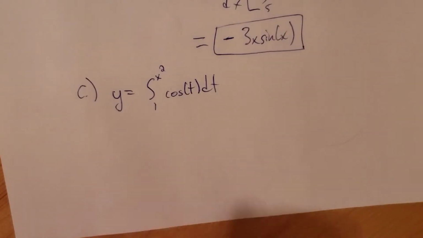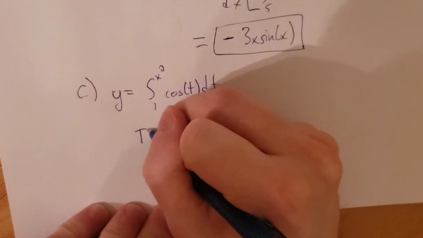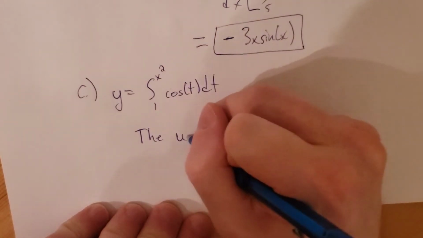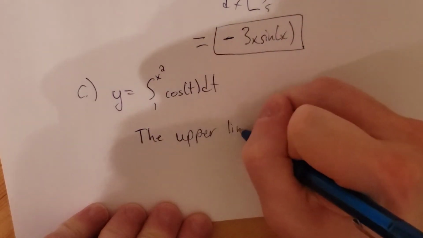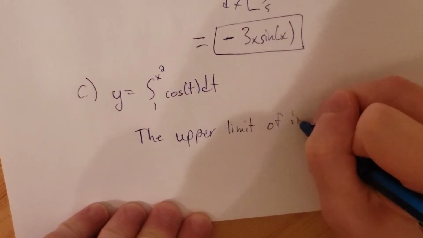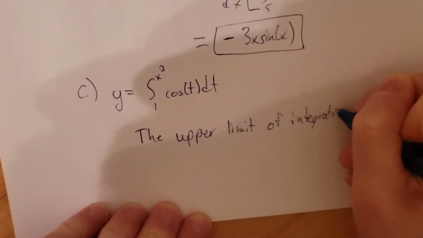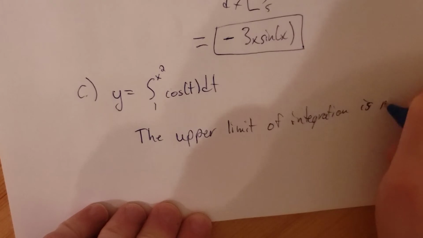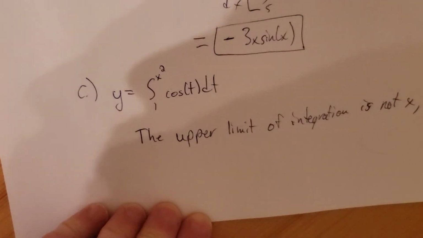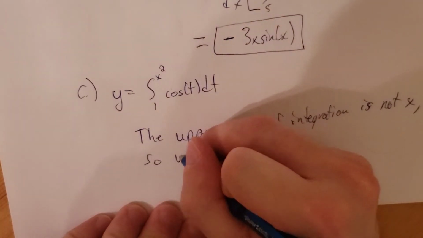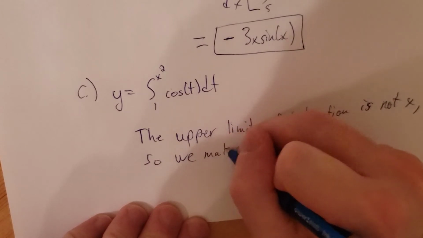We need that to just be a single x or a single variable. So the problem here is the upper limit of integration is not x. So we make a change of variables.